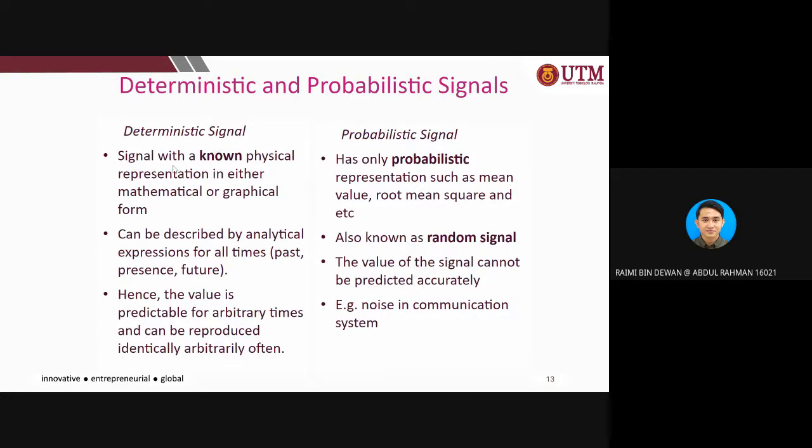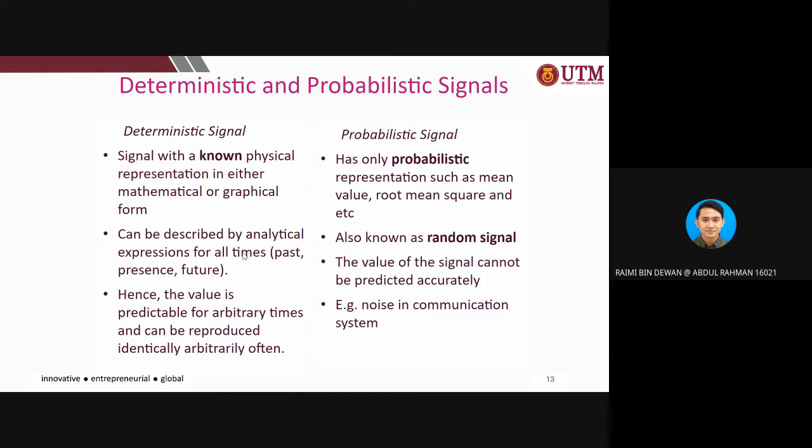Next, we go to deterministic and probabilistic signals. Deterministic, from the word, means it can be determined. It can be described by an analytical expression for all time, for example past, present, and future.